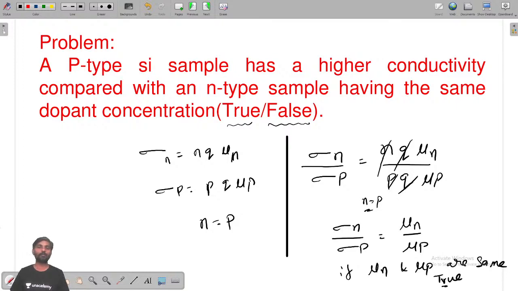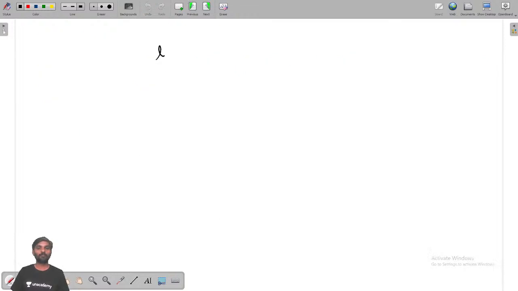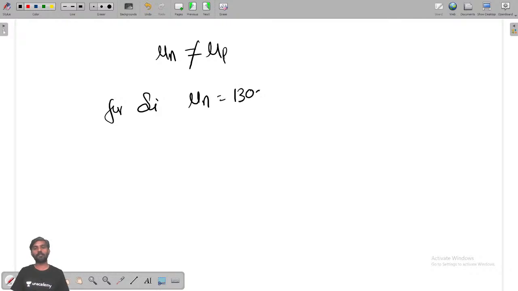Are mu n and mu p the same? Is mu n equal to mu p? Absolutely no. For silicon, mu n is 1300 centimeter square per volt second. Mu p is 500 centimeter square per volt second.